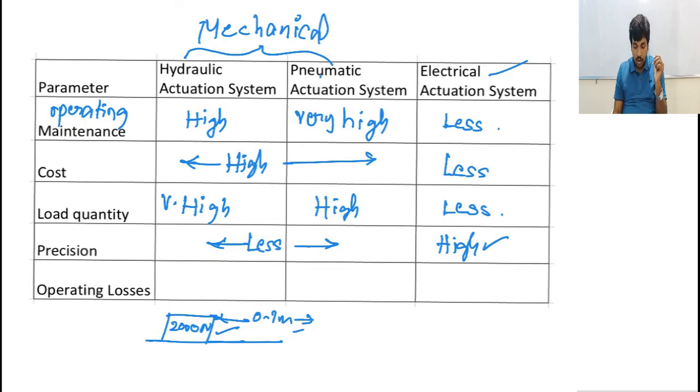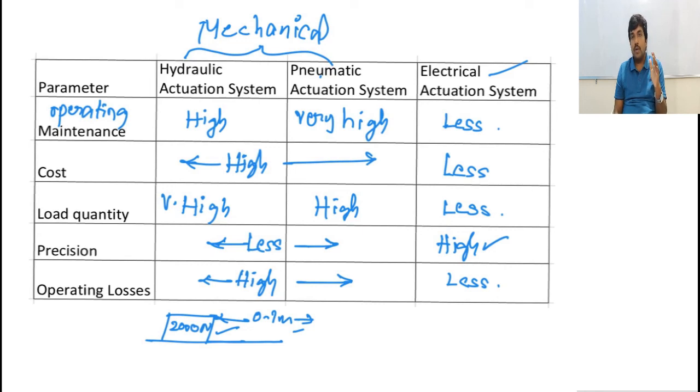Clear? That is why I'm mentioning that electrical actuation systems provide a very high accuracy. And when it comes to operating losses, because of the friction and the fluctuations in temperature, operating losses will be very high in mechanical actuation systems, but it is actually less in the case of electrical actuation systems. Clear?